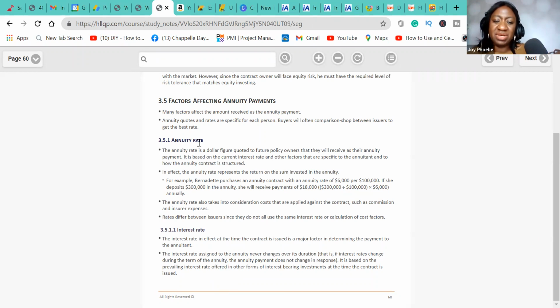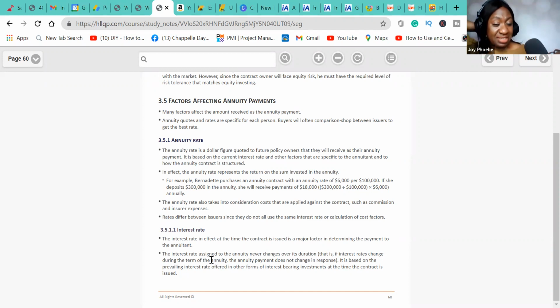Interest rate at the time the contract is issued is a major factor, because the interest rate when your contract is issued is the one that you are going to be dealing with when you are setting up the contract. So if the interest rate goes up afterwards, then what are you going to do? It is the major factor in determining the payment to the annuitant.